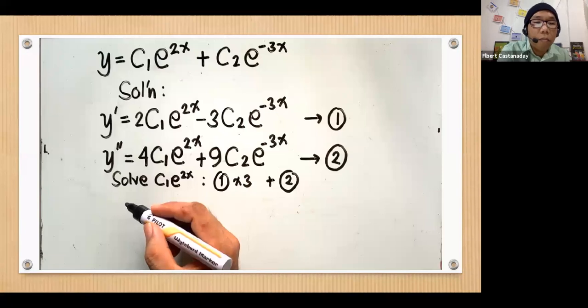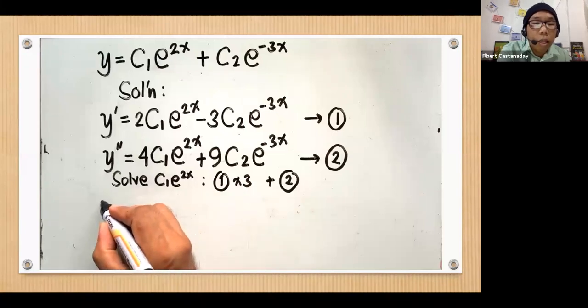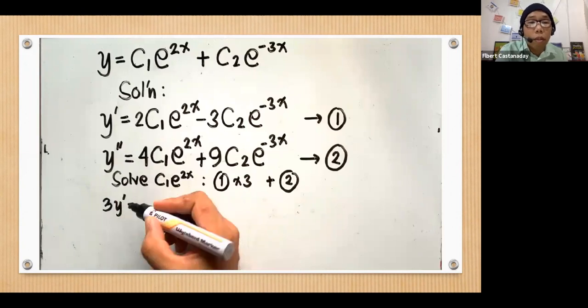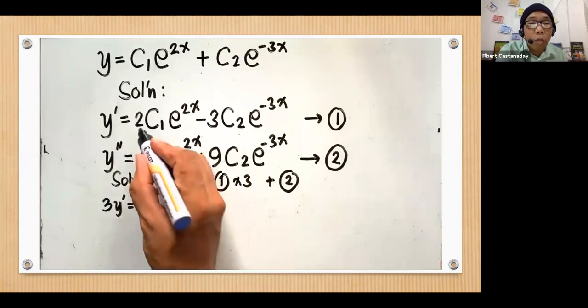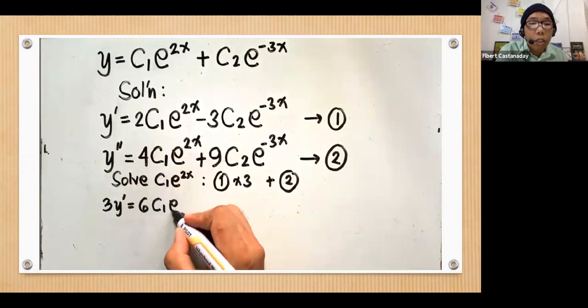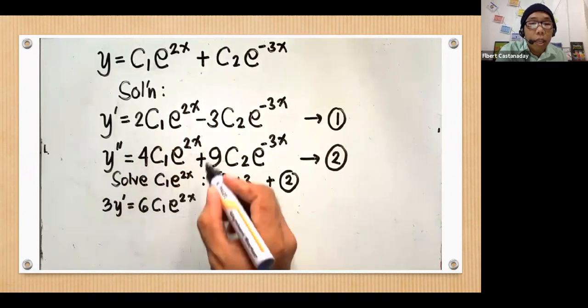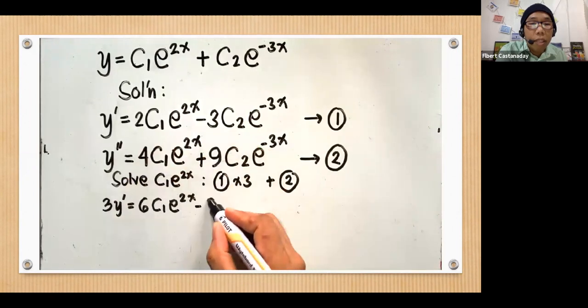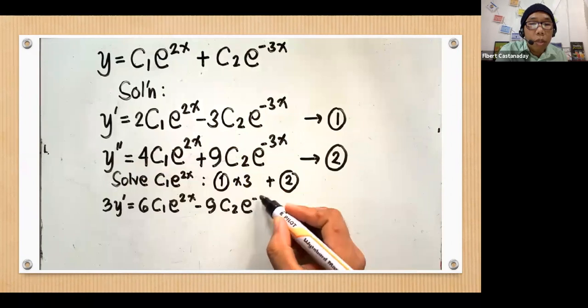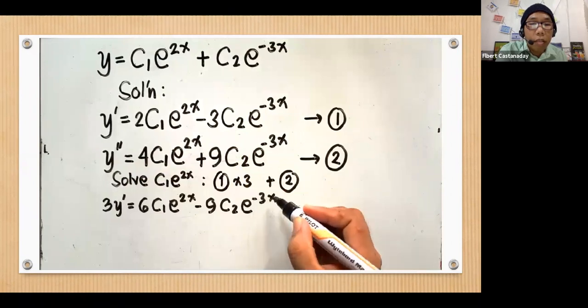Now, I will multiply the entire equation 1 by 3. And this will give me, left-hand side, 3y prime equals, okay, the first term will be 3 times 2. So you have 6 c sub 1 e raised to 2x. And the second term here, 3 times negative 3. So you have minus 9 c sub 2 e raised to negative 3x.